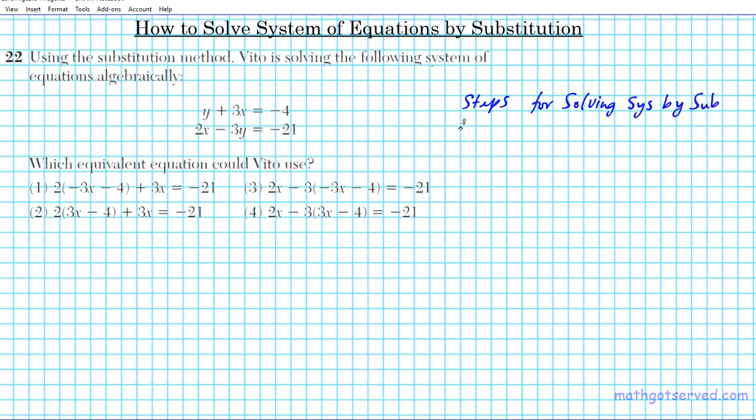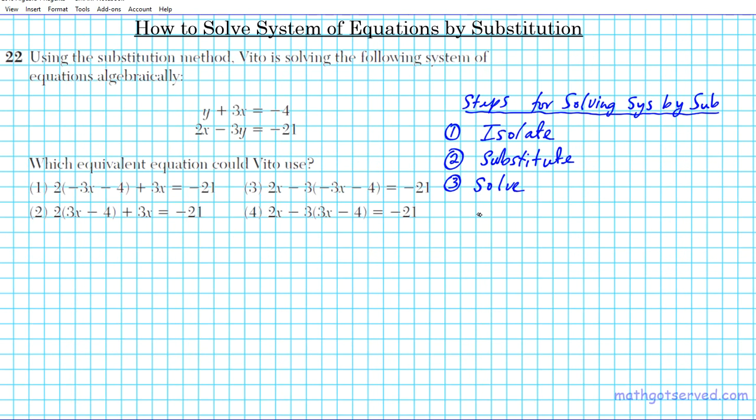First, you want to isolate a variable from one equation. The next thing you want to do is substitute what you isolated into the next equation. And then 3, you solve.